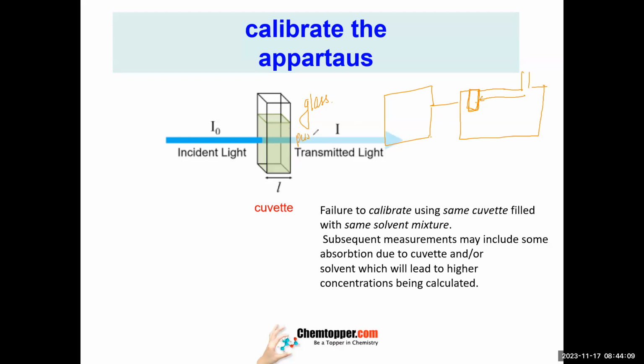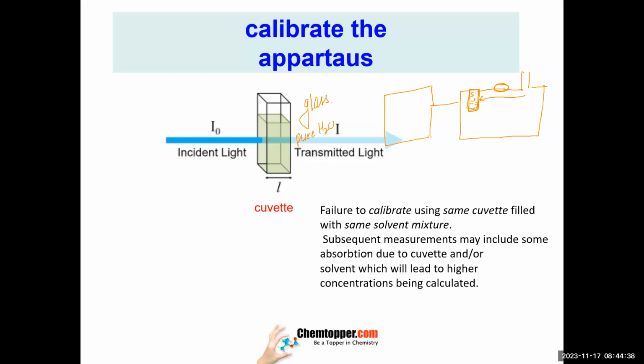Pure water. So here there is water, and you expose it. You will get some reading of absorbance because glass is also absorbing. Then you have a knob here. You set that knob to 0. Why? Because then anything absorbed by glass will not be reflected here.